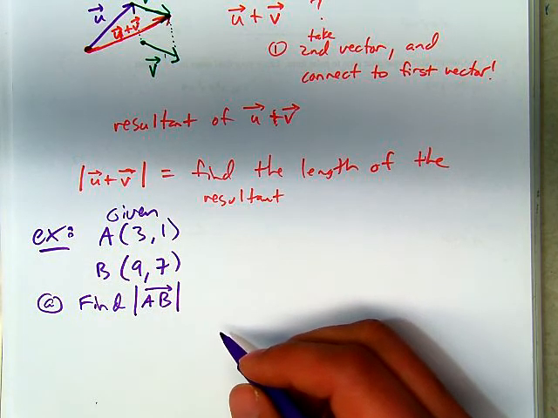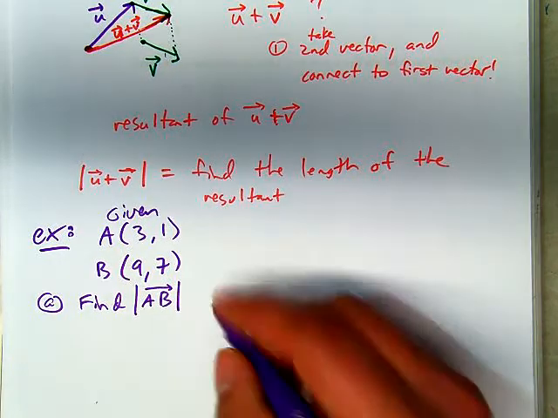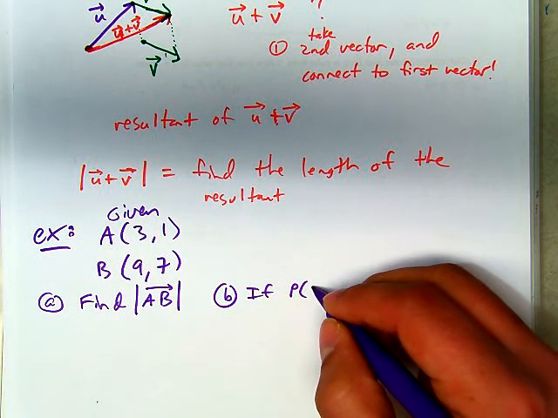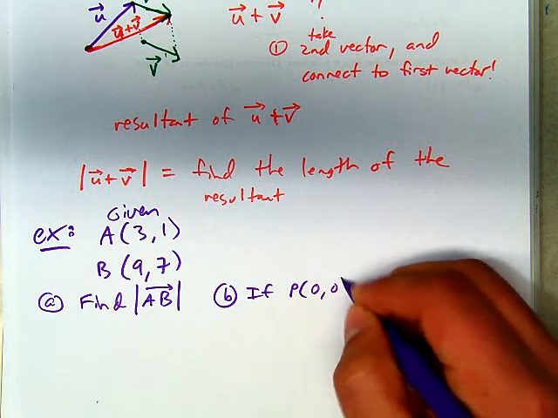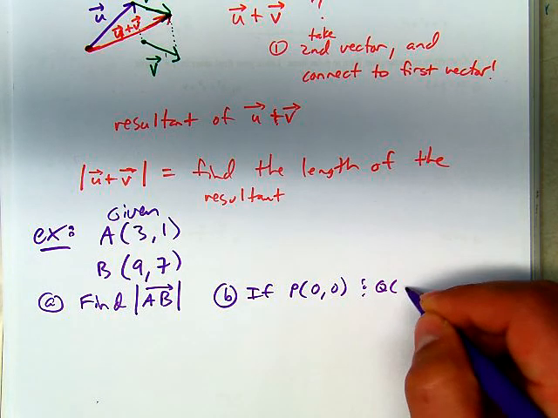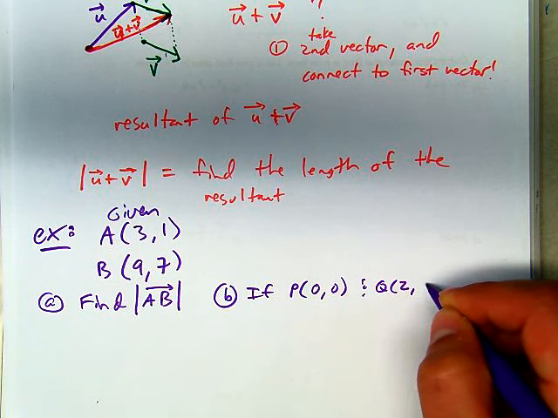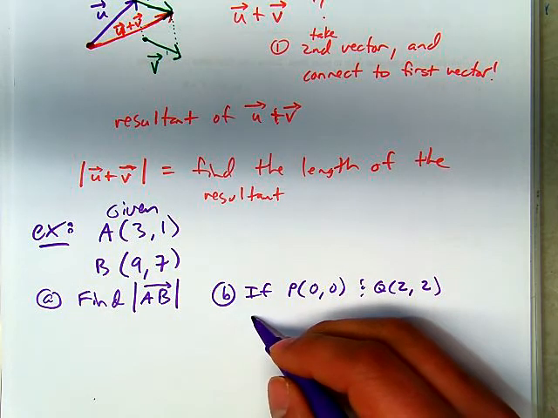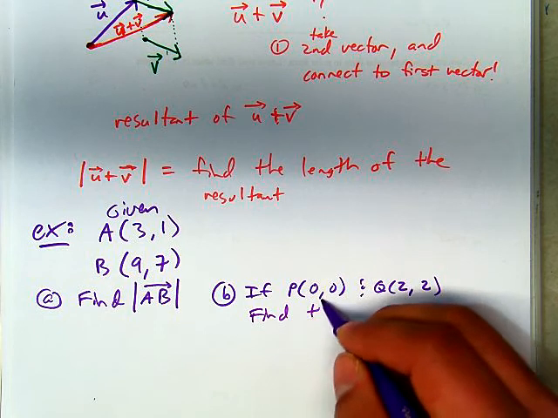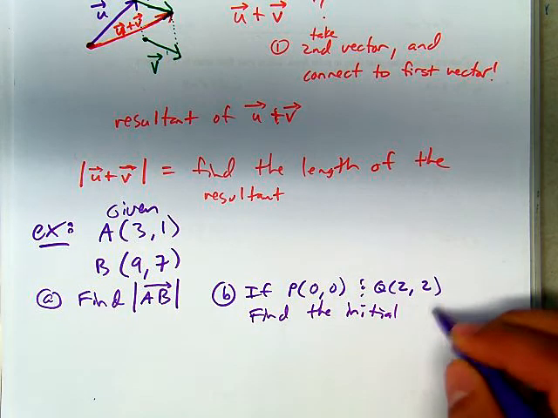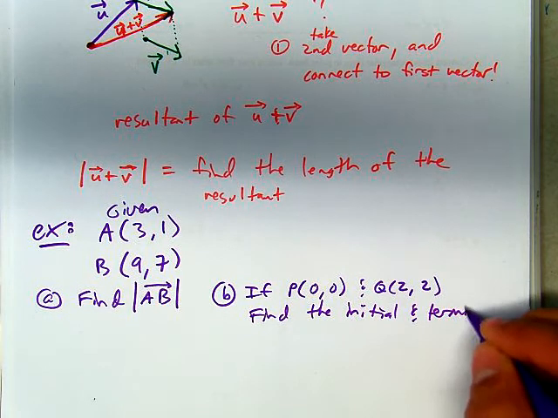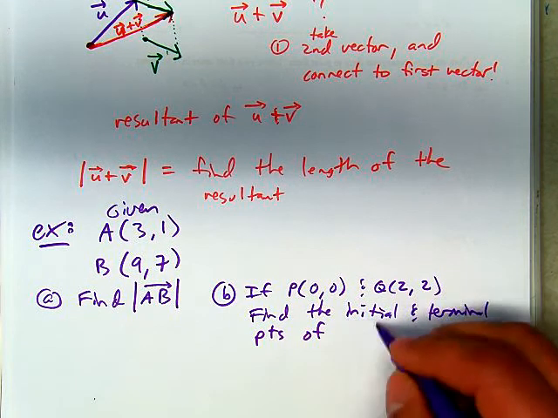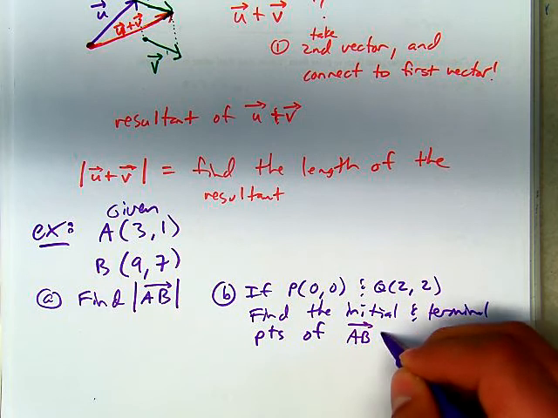And now for part B, if P is at (0, 0) and Q is at (2, 2), find the initial and terminal points of AB plus PQ.